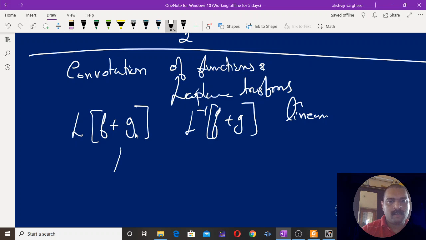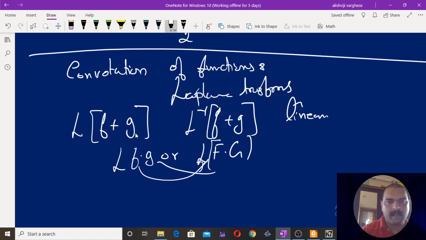But what about the Laplace transform of f into g, or the product of capital F into capital G, the Laplace transforms of small f and small g? How can we relate these two things?